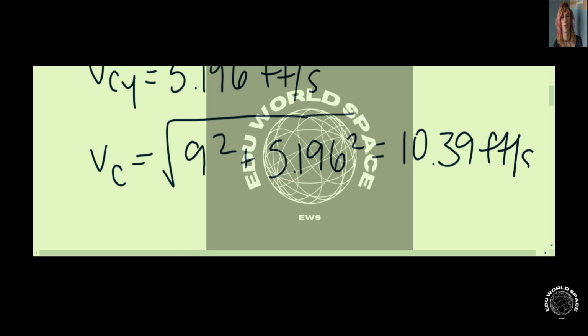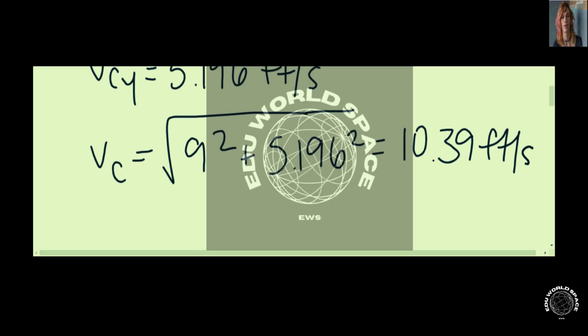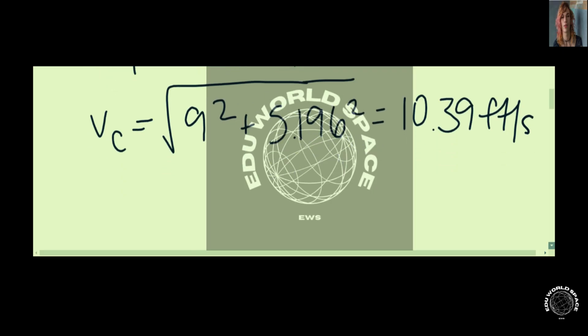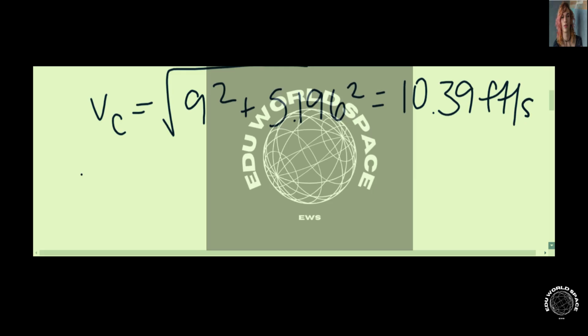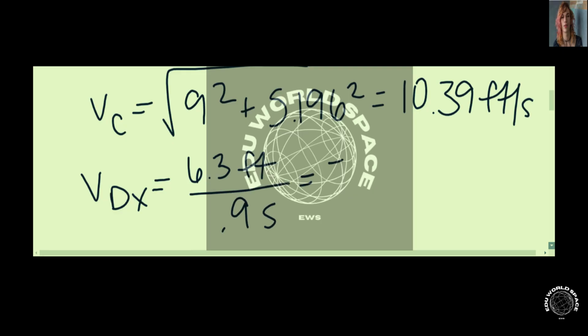Now for the bottom portion, we can start out the same way. In the 6.3 feet, the D piece travels 0.9 seconds, which gives us 7 feet per second. And that's currently all we know for that one because we don't know the angle.